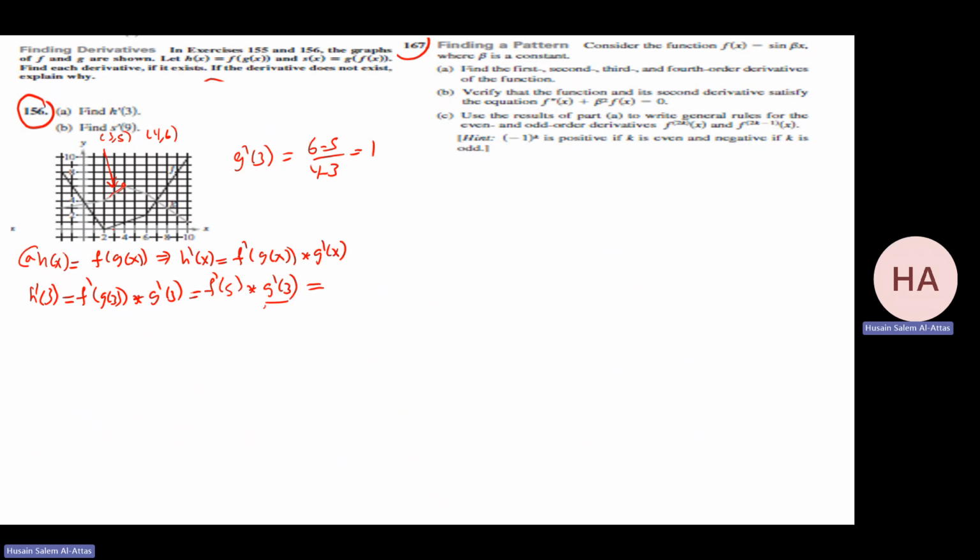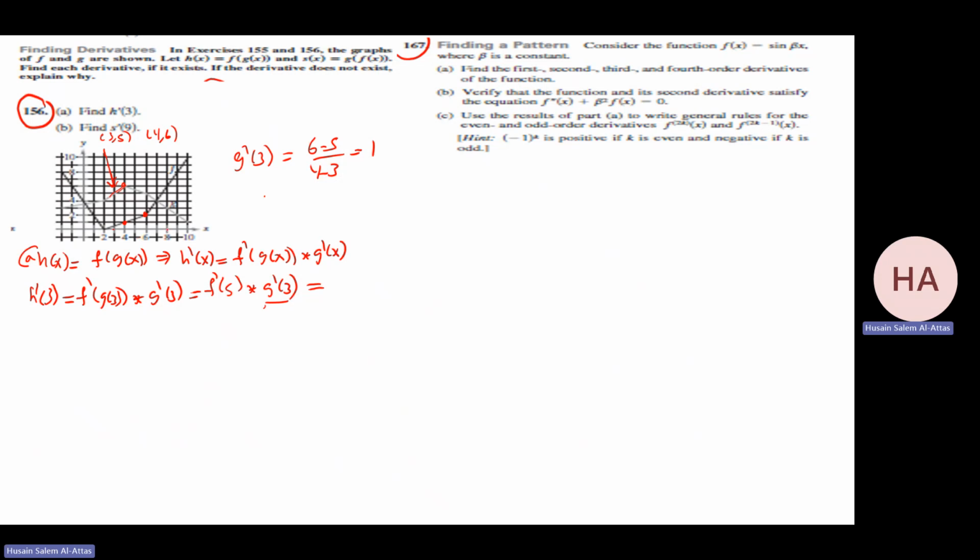Now what about f prime at 5? F prime at 5. I need f at 5. This is 5 here, so I need 2 points. I have this point, and I have this point. What is this point?